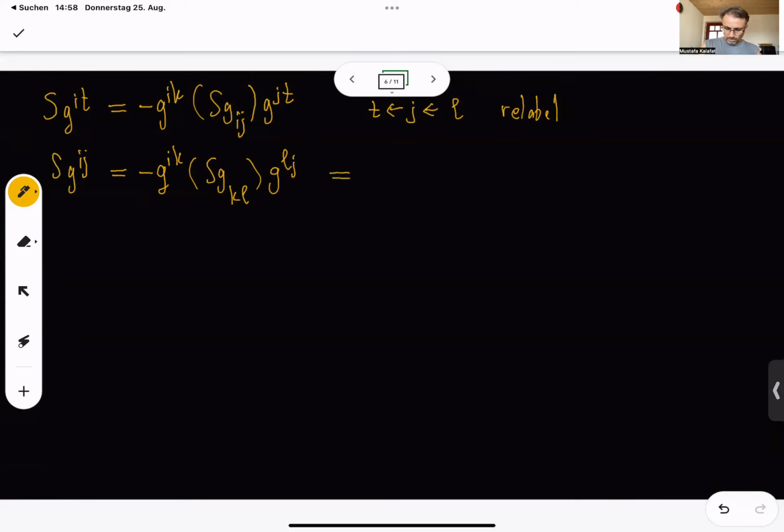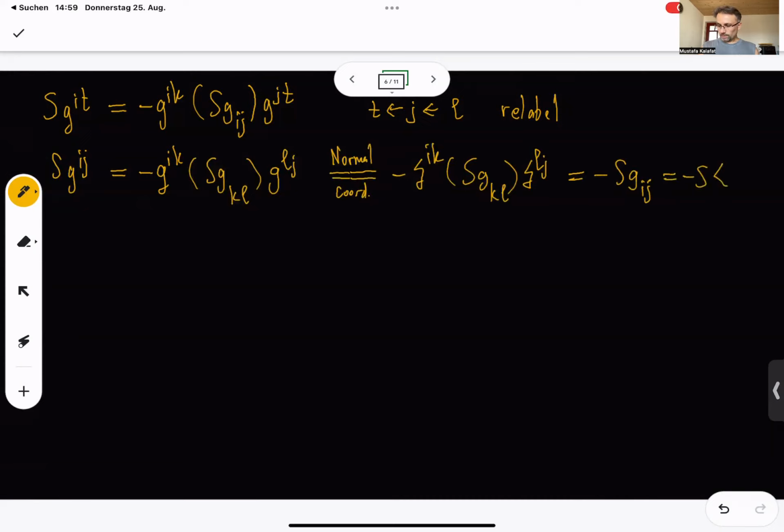And then if you look at the normal coordinates, this is nothing but the Kronecker delta ik, g_{kl} stays, and another Kronecker delta lj, and finally what you're left with is minus ∂_s g with indices changed to be i and j, and if you want, you can write this as minus ∂_s of e_i inner product with e_j.